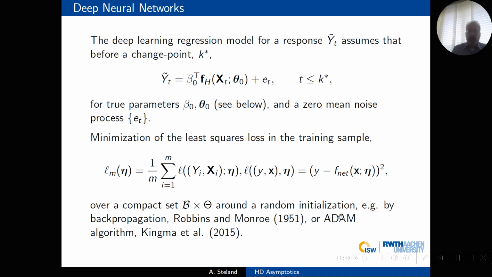Yes, but if you apply backpropagation or stochastic gradient descent or Adam or whatever, these algorithms minimize the least squares loss in the training sample, and this corresponds to such a regression model where we assume that we have a zero mean noise process and a regression model of this type.